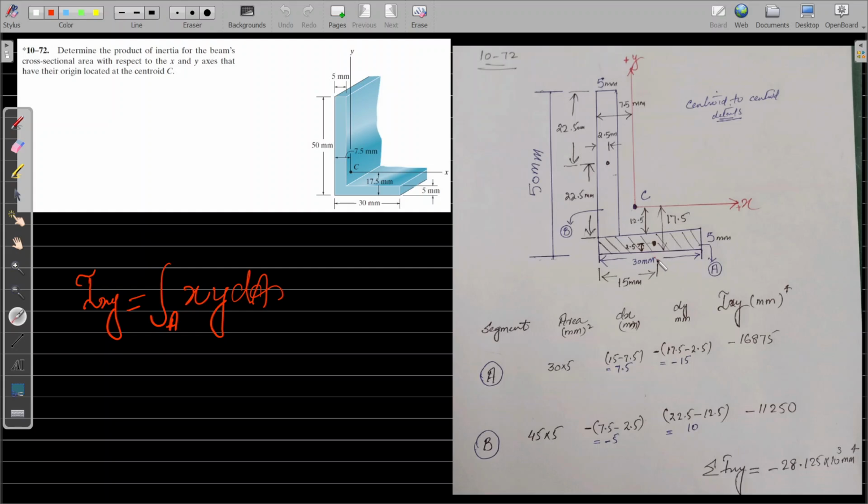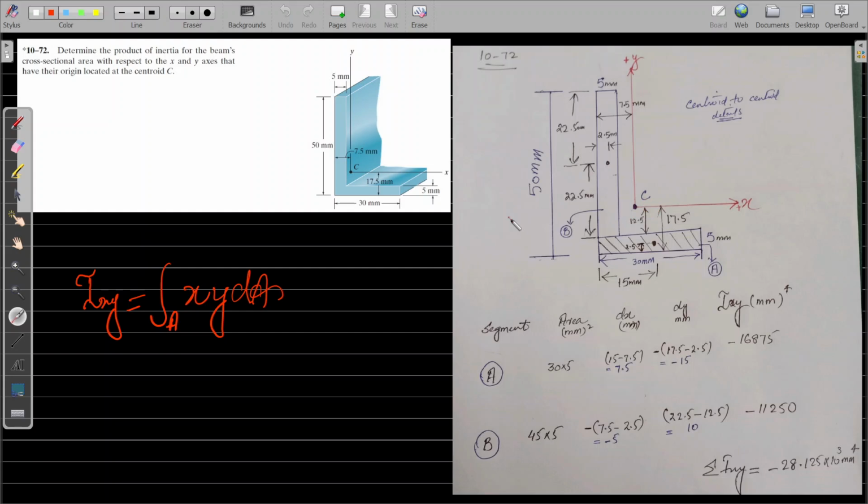Now we are also interested in calculating the distance from this point to this point. Just to let you know, this is my positive x, positive y. Any dimension measured from this point to the lower side will be considered a negative y coordinate, and any dimension to the negative side of the axis will be considered a negative coordinate.